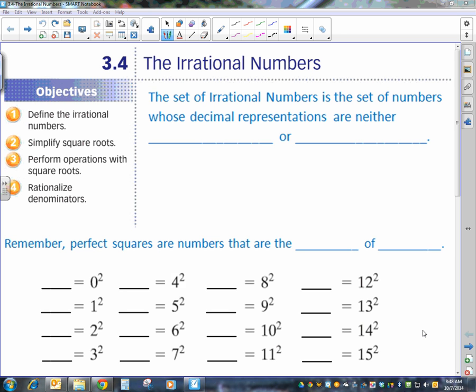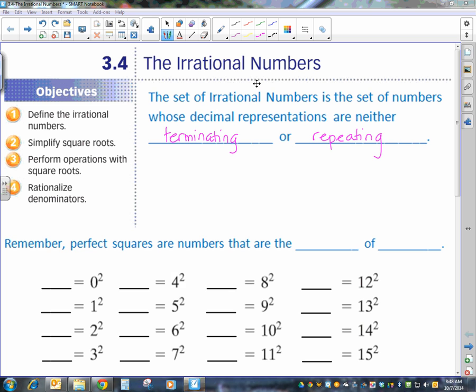Okay, today we're continuing our discussion on our sets of numbers, and we're going to talk about the set of irrational numbers. The set of irrational numbers is the set of numbers whose decimal representations are neither terminating, which means they stop, or repeating.